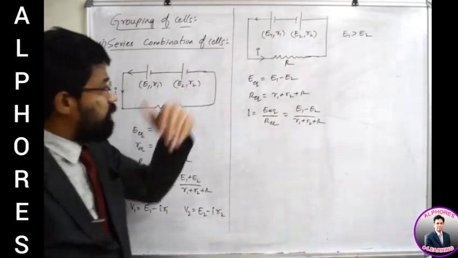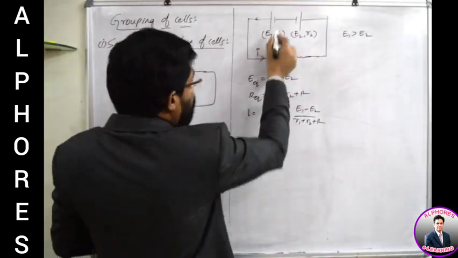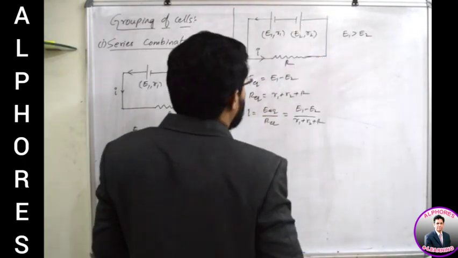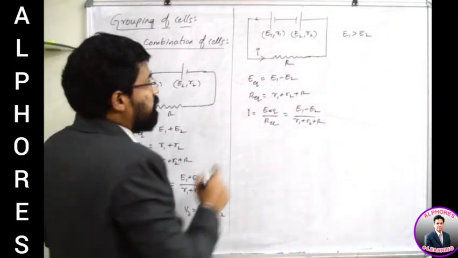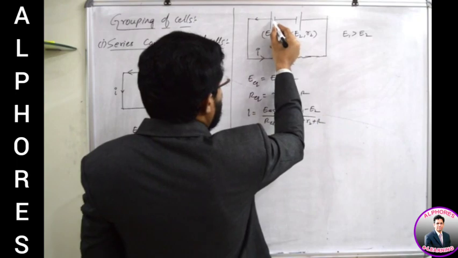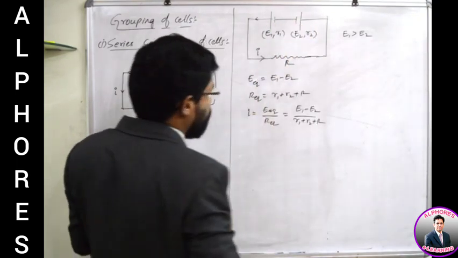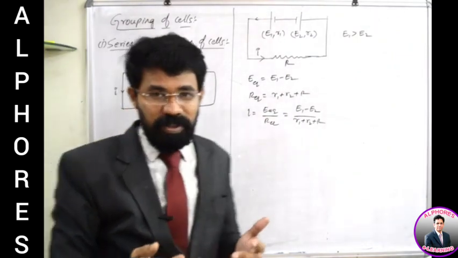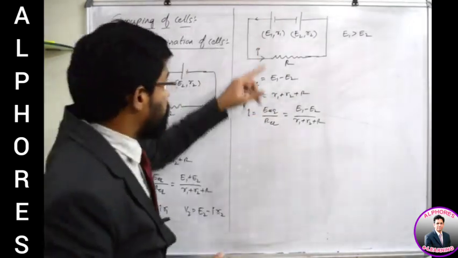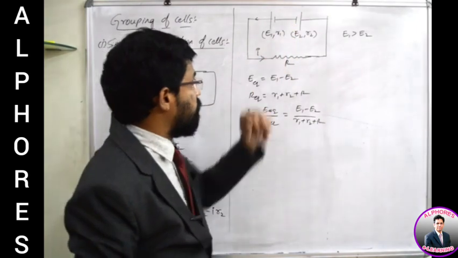Unlike in this case, here see, this cell is undergoing discharge, whereas this cell is undergoing charging, isn't it? Because the direction of the current here is from negative to positive in this direction, and here positive to negative. We have already seen the charging and discharging cases. Here this cell is undergoing discharge and this cell is undergoing charging.